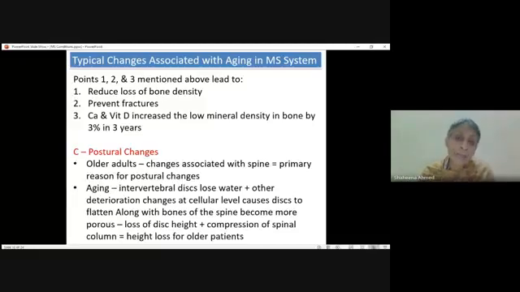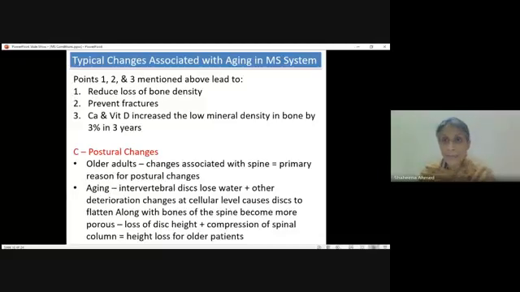Now, if we look at the postural changes that occur due to aging, as the person is getting old, obviously his muscles are getting weak. And with age, what we see is that the intervertebral discs start losing their water. Also, there is a deterioration occurring at a cellular level, and this deterioration causes flattening of these intervertebral discs.